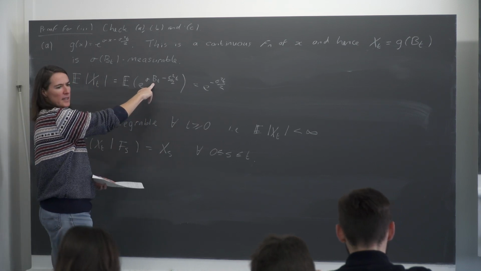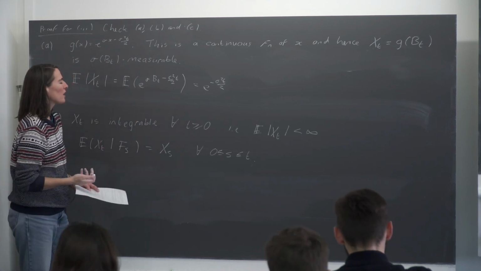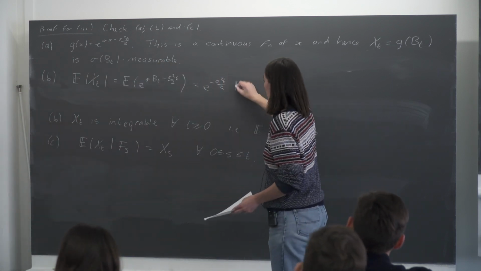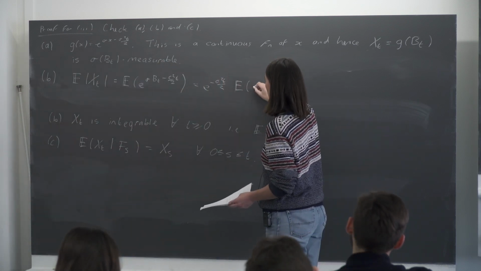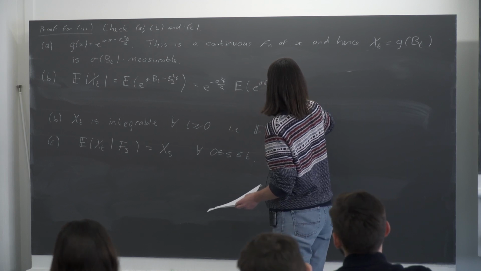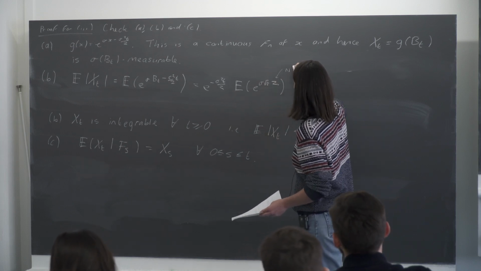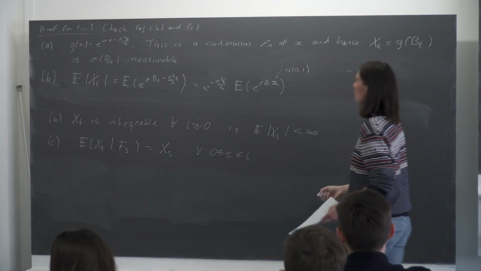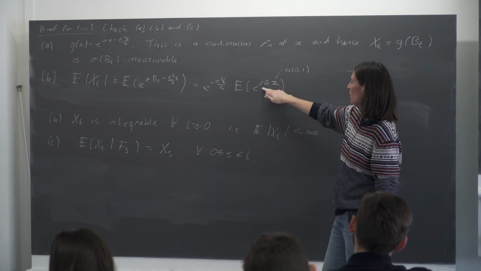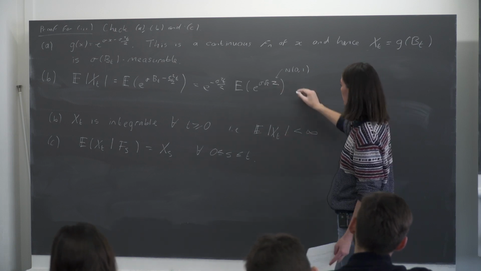And again, remember, Bt just has the same distribution as square root t times a normal 0, 1 random variable. So this is expected value of e to the sigma square root t Z, where this is normal 0, 1. But this is just the moment generating function of a normal 0, 1 random variable. So we know what this is.